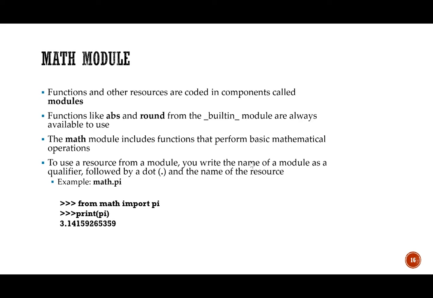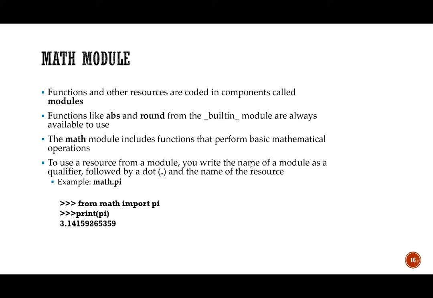But here's the point. Given that this is our very first module, we want to know how we can get access to functions under each module. To use a resource from a module, you write the name of the module as a qualifier, here math for example, followed by a dot and the name of the resource. For example, I want to retrieve the pi value.